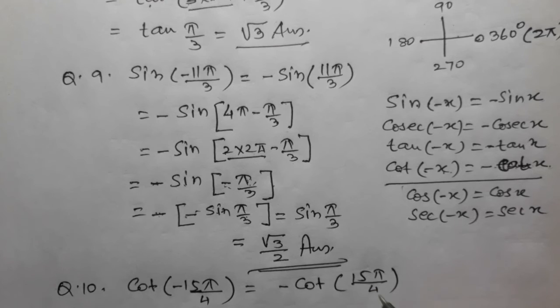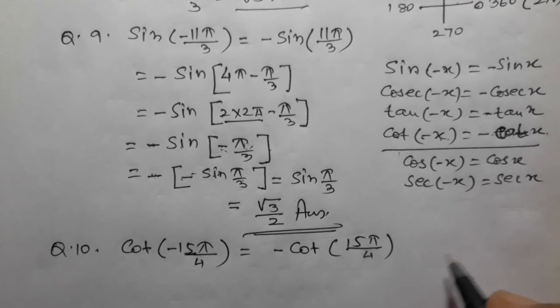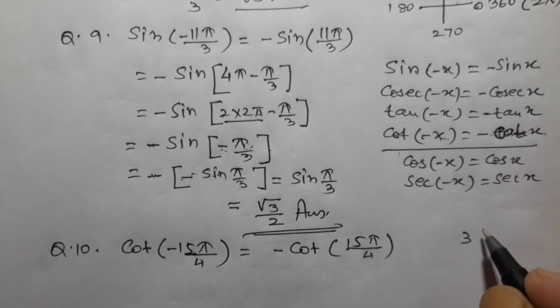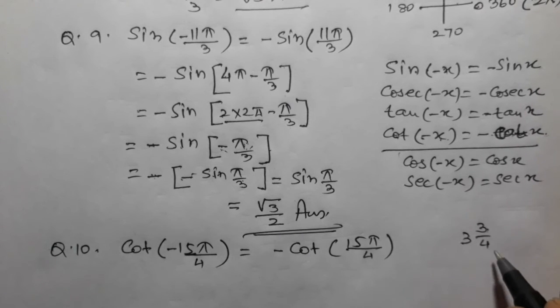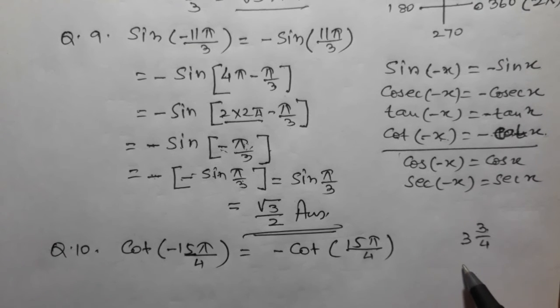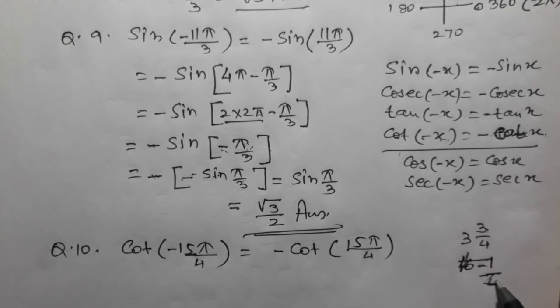If we divide 15 by 4, it is 3 by 4 remainder, 12 and 3 is 15, but 3 by 4 pi is a very large angle. For that we do not know the value, so we can write it as 16 minus 1 by 4.